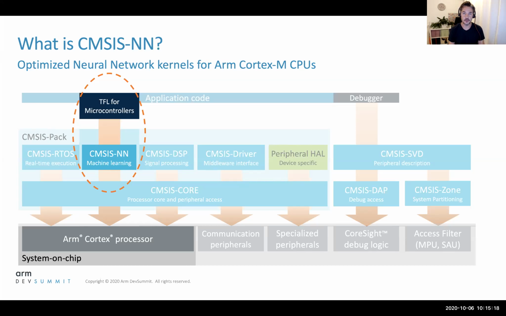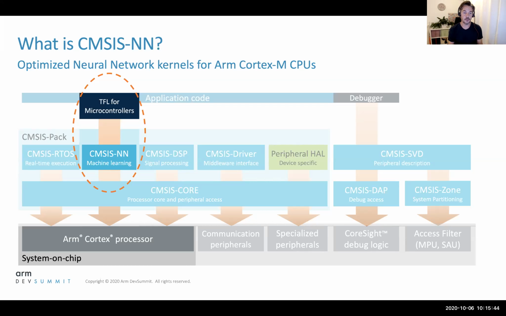And CMSIS-NN stands for CMSIS for neural networks, and it provides you optimized kernels for our Cortex-M processors. I've added TensorFlow Lite for microcontrollers in here because this is our entry point to using CMSIS-NN.